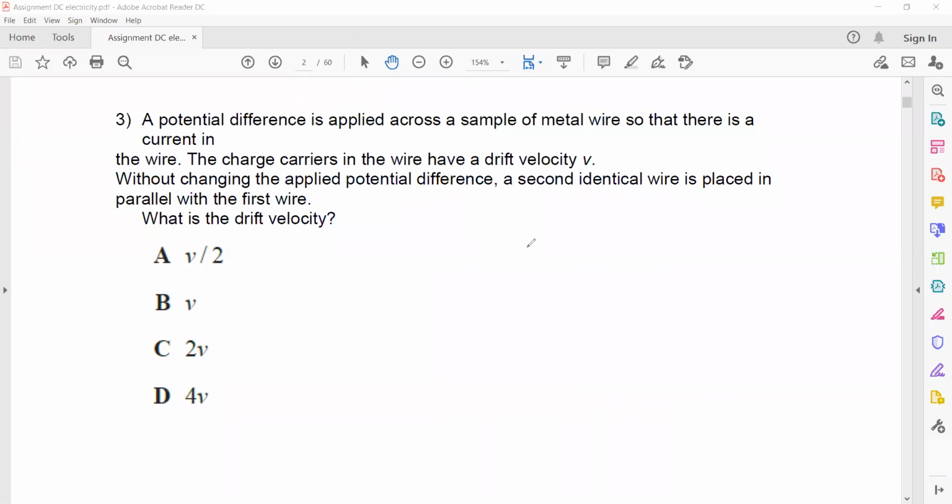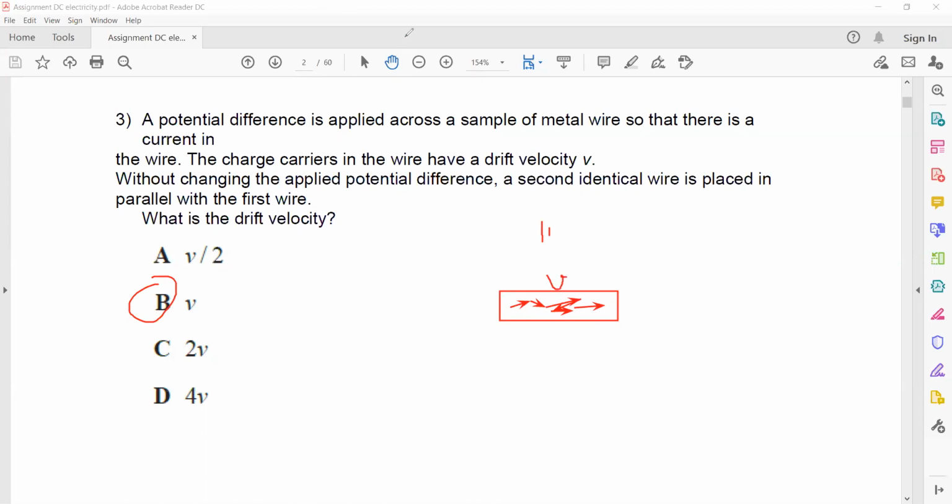So if it is placed in parallel, it means we apply the same voltage, the resistance is also the same, so all the parameters remain the same, so the drift velocity will be the same as well. It will not change. Why is the drift velocity not changing? Because you have a supply and a resistor, and the drift velocity of the particle is the net resultant displacement over time. That drift velocity was v.